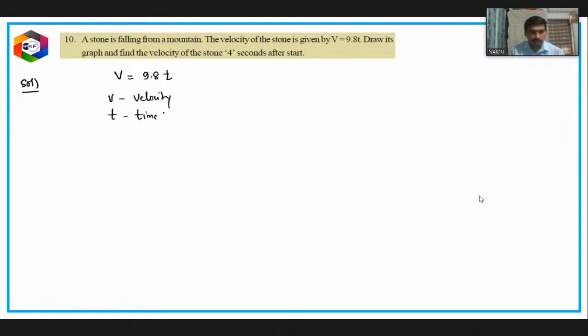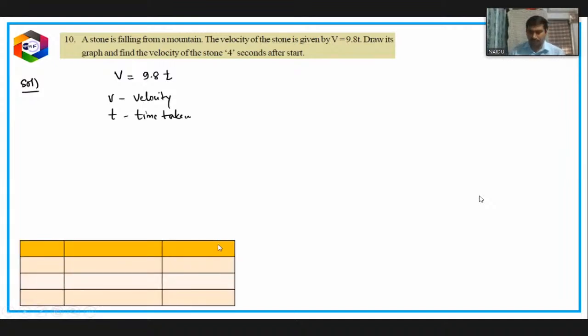T is time taken. So now for this relation it is asked to draw the graph. Children, again the same method. Since we know the equation directly, I am going to plot the points. The equation is v equals 9.8 t.